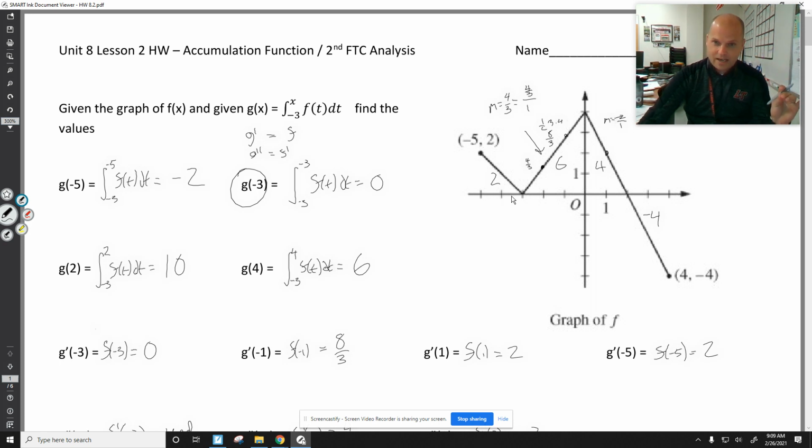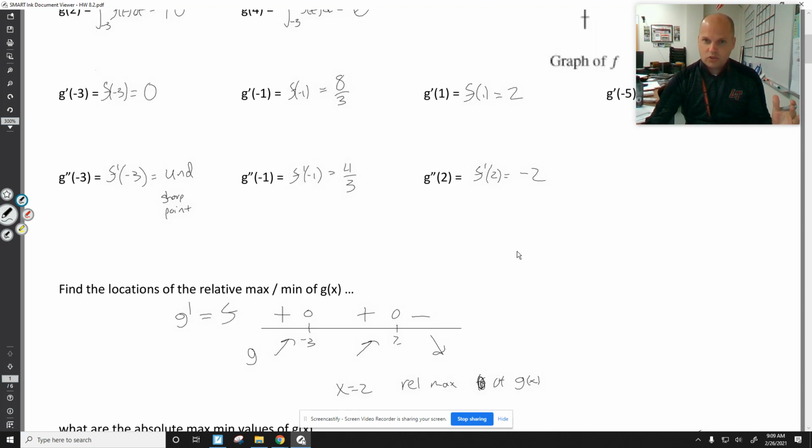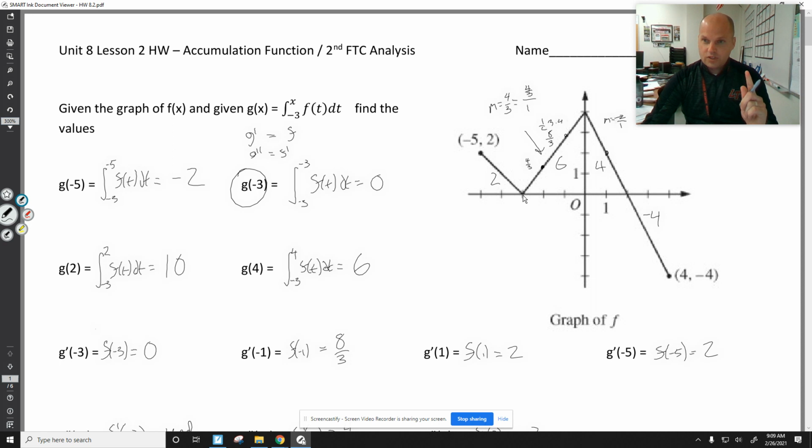I start at negative 2. I get to 0. I get to 10 by x equals 2. And then I drop down to 6 by x equals 4. I've already found these values. G of negative 5 is negative 2. Again, you're going opposite because we know G of negative 3 is 0.